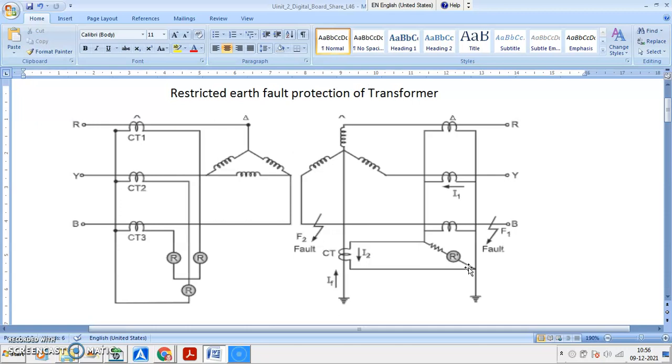But if fault occurs inside the winding, that is F2, then current I2 flows through CT secondary and I1 is negligible.